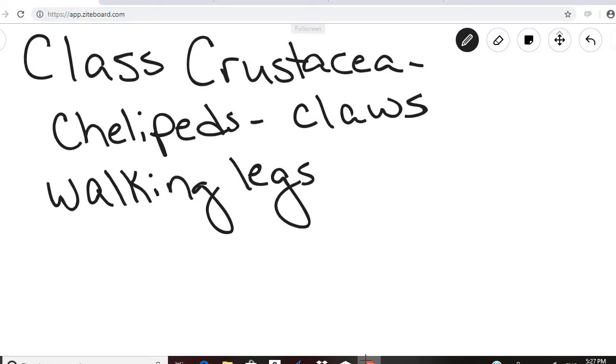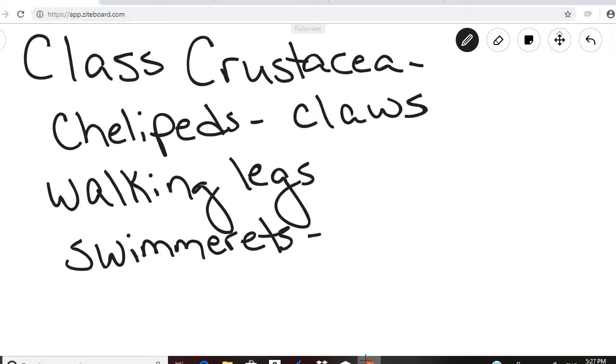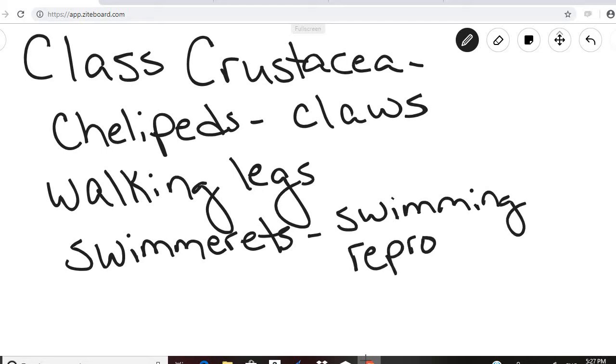Then they have some other sets of appendages that look like legs, but they're called swimmerets. And they are used for swimming, but they're also used for reproduction. And you can actually tell a male crayfish from a female crayfish by looking at the swimmerets.